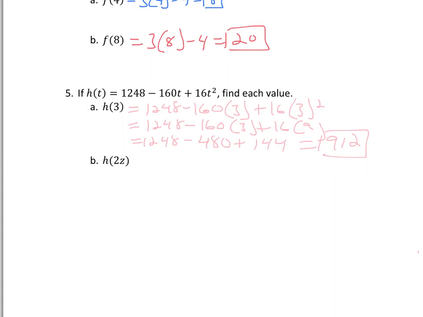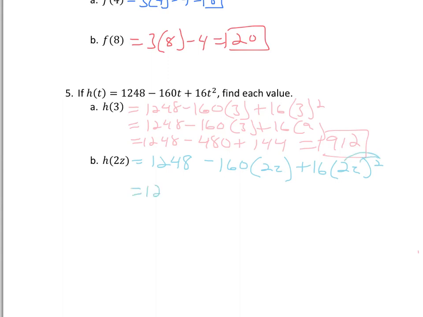Perfect. Now this last problem is a little bit tougher because we're going to plug in 2z for all the t's. So let's rewrite it first with all the 2z's in there. Now we need to square our 2z first, but the square is acting on both the 2 and the z.